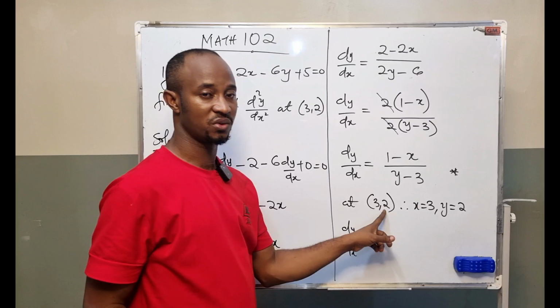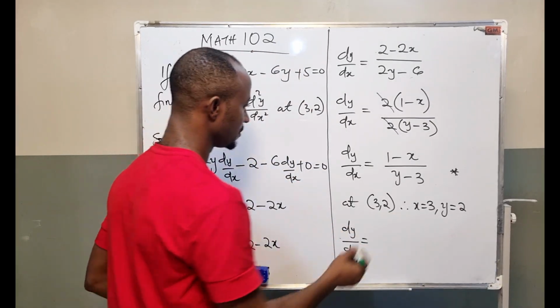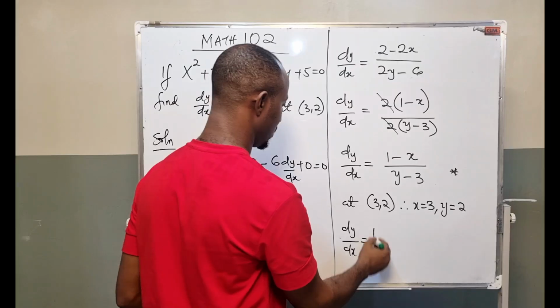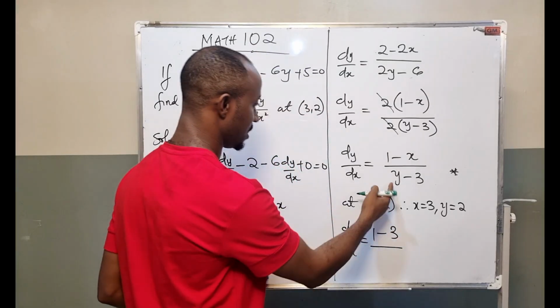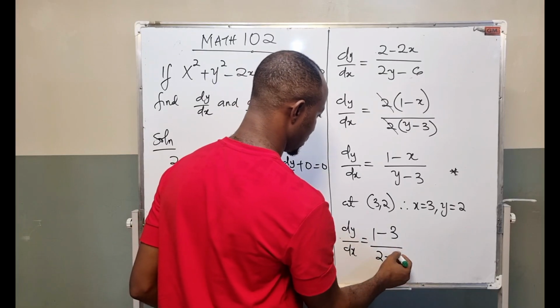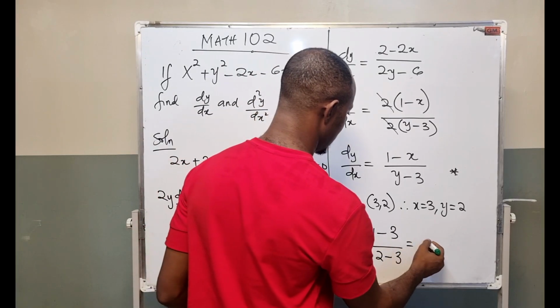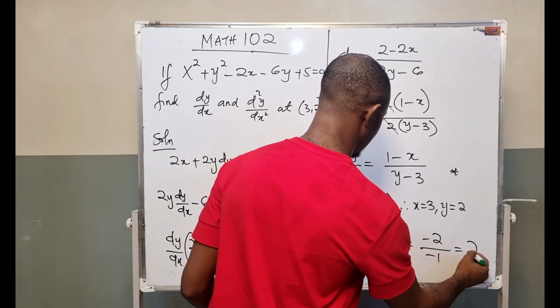The second represents what? y. So let's put the value here. We have 1 minus 3 divided by y is 2, we have 2 minus 3. And that will give us minus 2 divided by minus 1. Our answer here is 2.